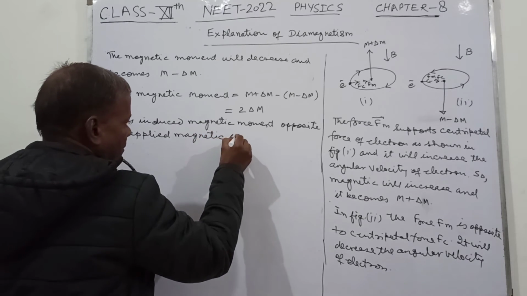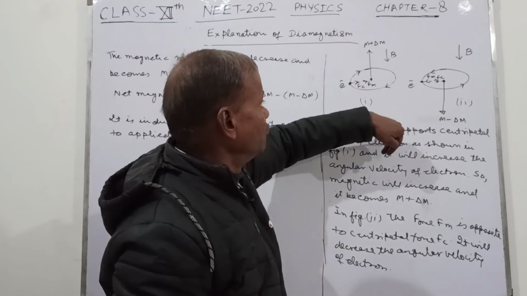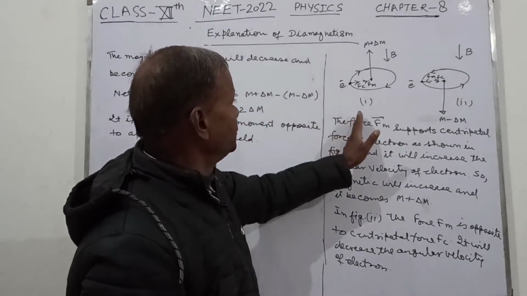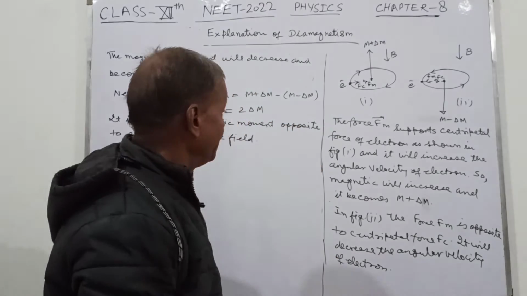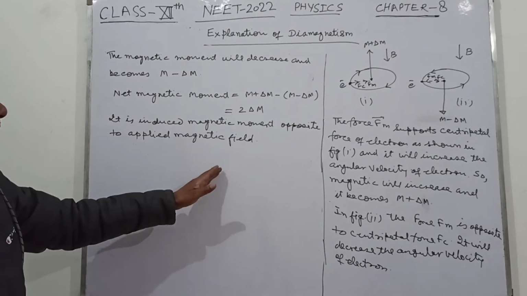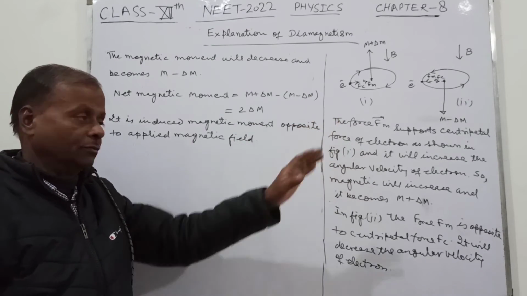The magnetic field is applied vertically downward and this increase is vertically upward, so they are opposite to each other. And as the magnetic field is switched off, the magnetic moment will again be equal to 0.